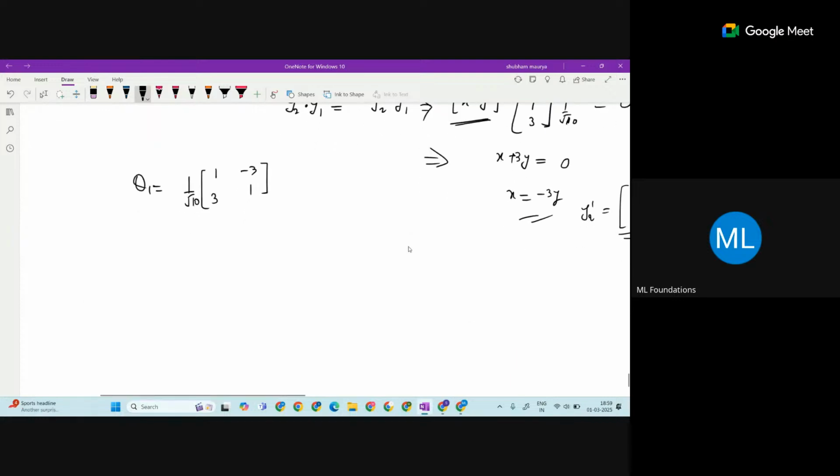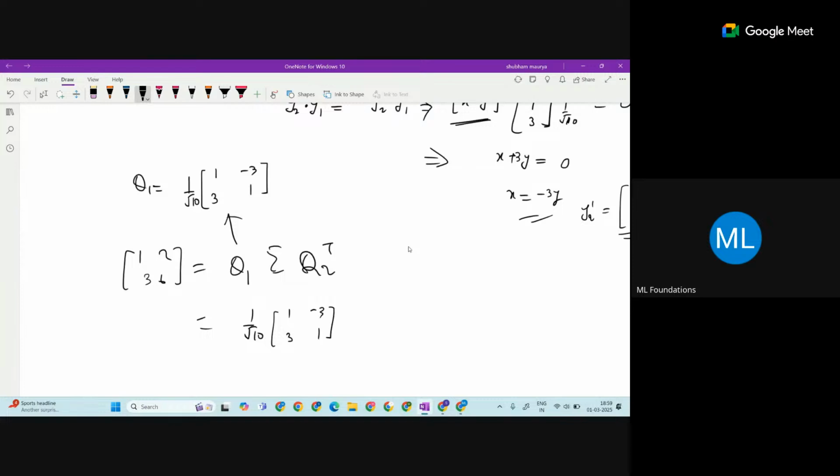We have 1, 2, 3, 6 as our matrix A, where A is Q1 sigma Q2 transpose. Q1 is 1 upon root 10 times 1, 3, minus 3, 1, and sigma is root 50, 0, 0, 0. Q2 transpose is 1 upon root 5 times 1, minus 2, 2, 1. So this is going to be the SVD.